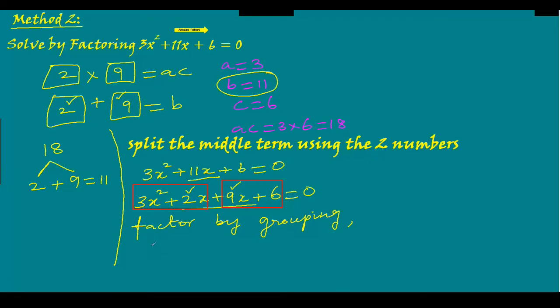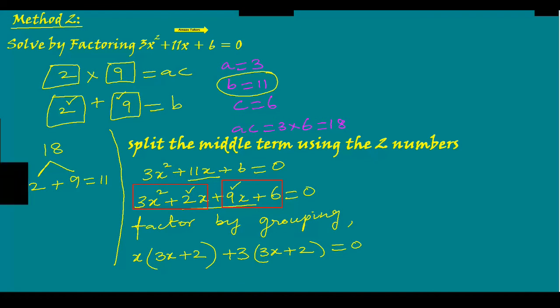Highest common factor from the first 2, 3x squared and 2x, is just x. So after taking x out, I am left with just 3x plus 2. And take the common factor from the last two terms. Highest common factor 3. So after taking 3 out, 3x plus 2.